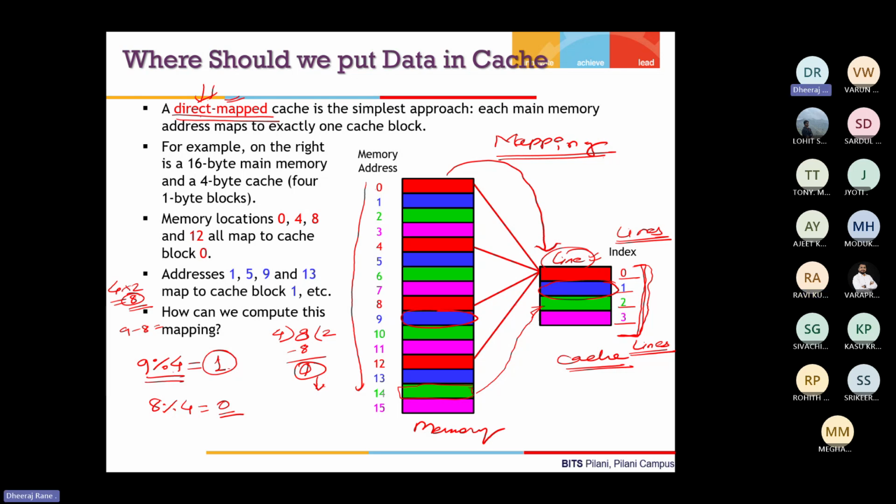Whichever is already in cache is overwritten. Means at a later stage, if it is to be referred, then again it has to be brought into the cache. This will not ideally be the case that every time it is being replaced. Here you may have an impression that whenever some block is referred in memory and it is not present in the cache, then always it will be replaced, but this is just to make you understand.